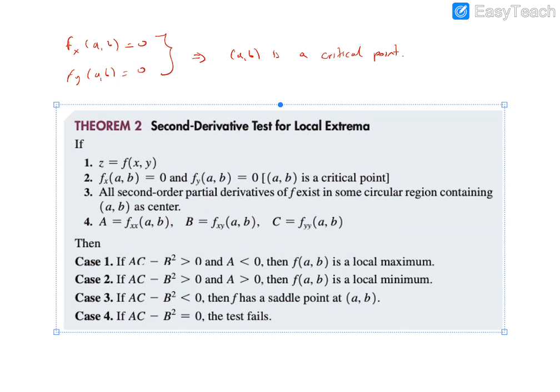Also, all second order partial derivatives of f exist in some circular region containing (a, b). (a, b) is the center, of course. And you can calculate these values if all second order partial derivatives exist.